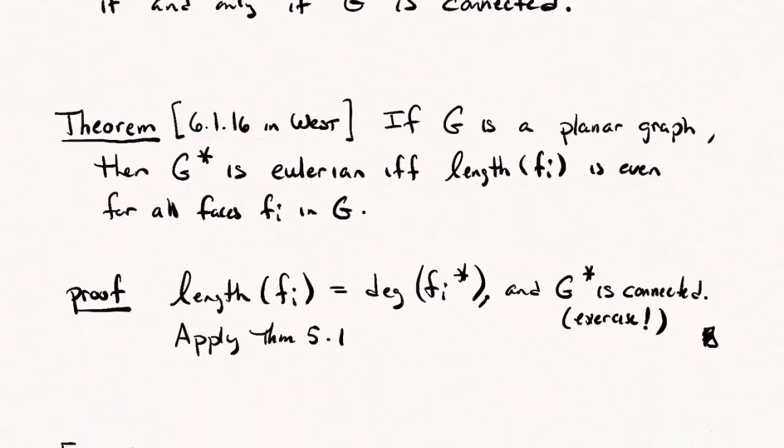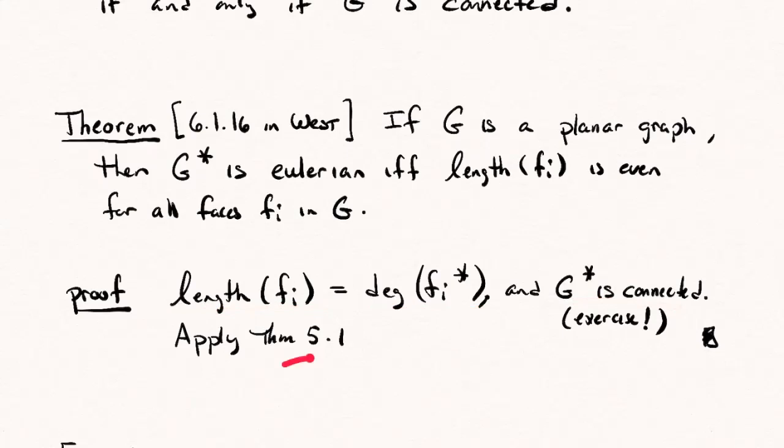But I wanted to bring it up because we've said that the degree of a vertex in the dual graph is the length of a face in G. So if all those face lengths are even, then the degrees of the vertices in G star would all be even. And here's another little exercise: no matter what planar graph G is, its dual is always connected.